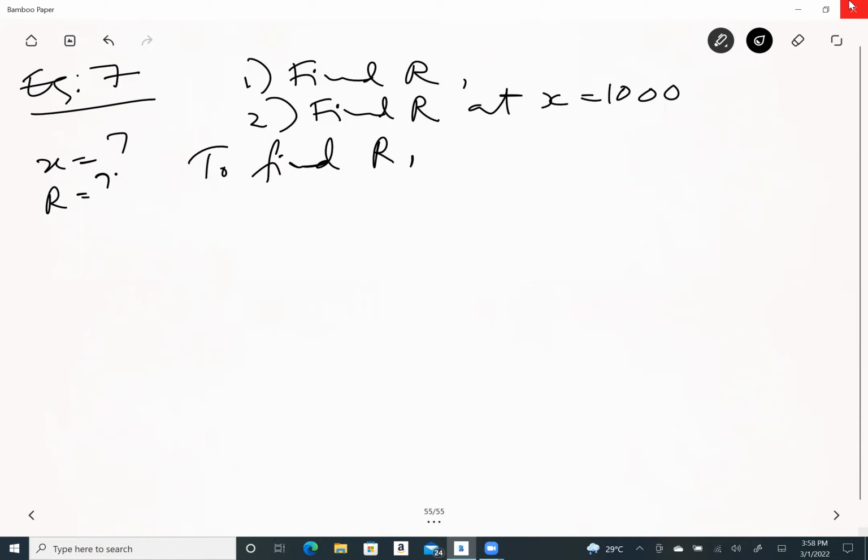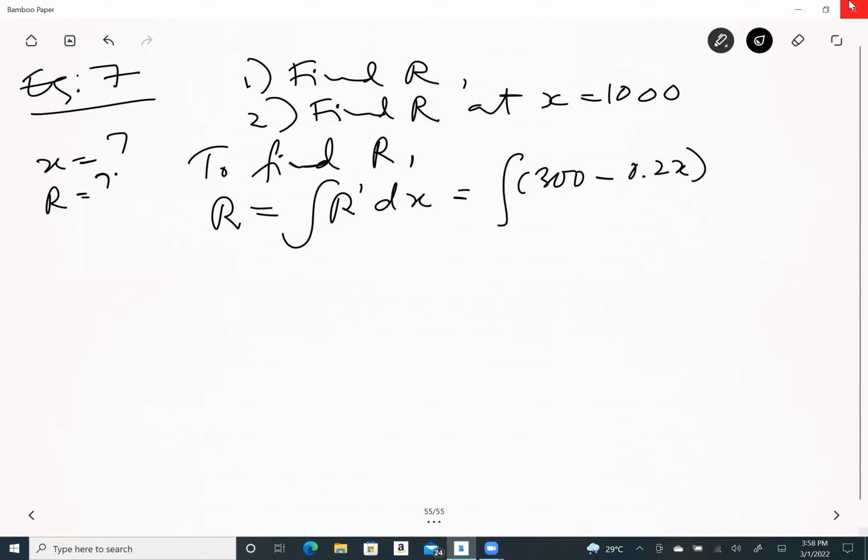To find revenue, you have to integrate the marginal revenue because you are given marginal revenue. So R prime is equal to the marginal revenue that is given, 300 minus 0.2x. Now, I would like to say this. If you have a function with more than 1 term, you have to put the bracket, open and close.